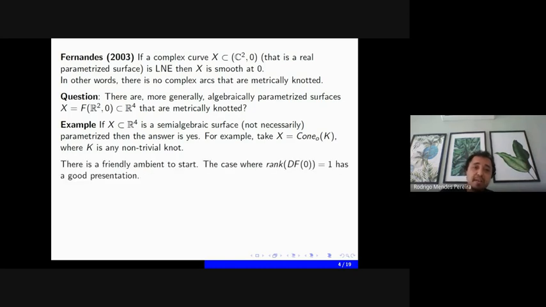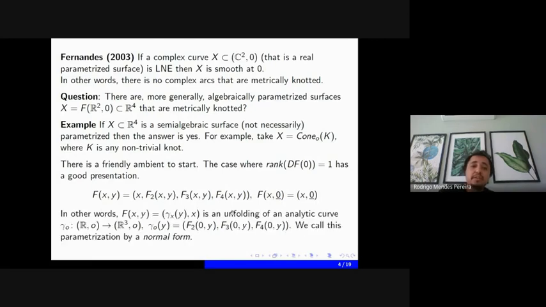So there is a friendly ambient to start. If you take the parameterized surface, suppose the map has rank 1 at the origin, you can present this parameterization in this way. The first coordinate is just x, and the other coordinates are three analytic functions. You can also take, up to linear change of coordinates, the line x contained in the line x, so you can also take the line x belonging to the surface.